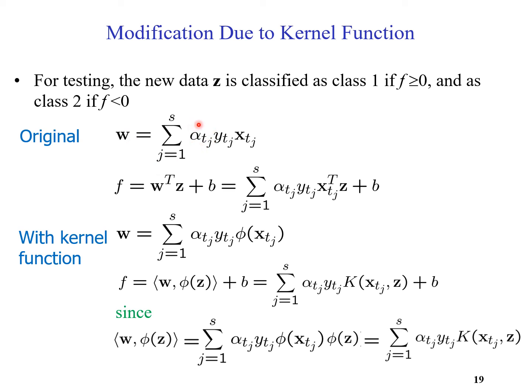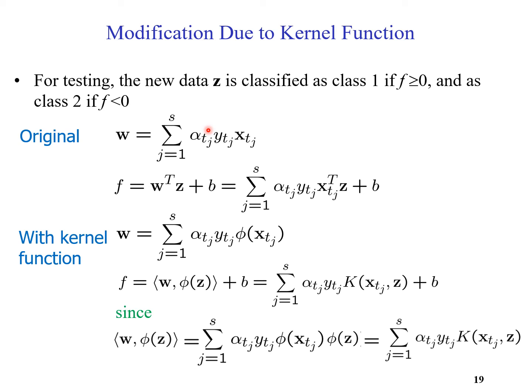By the way, this alpha value is kind of the importance of each data. You can regard this alpha value as the importance of each data. If a certain data is a support vector, its alpha value is not 0. That means that data is important because it is a support vector.